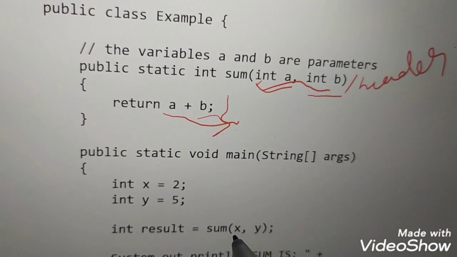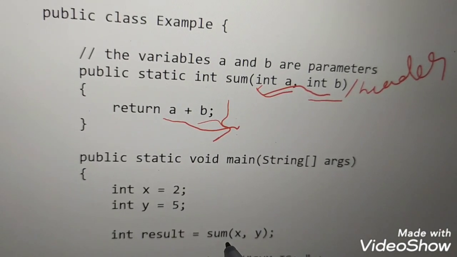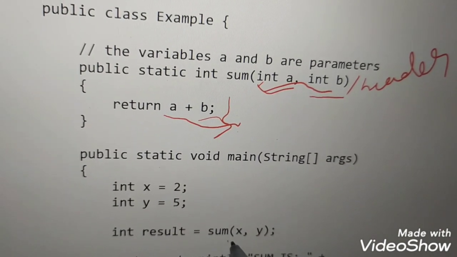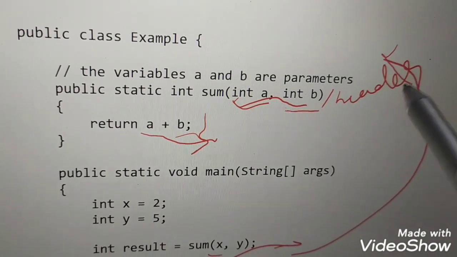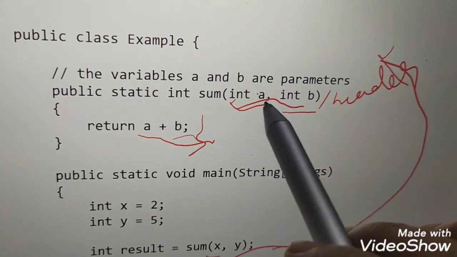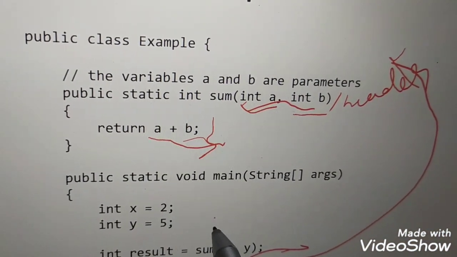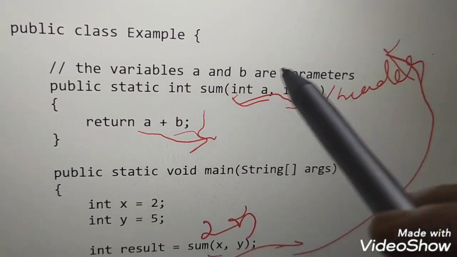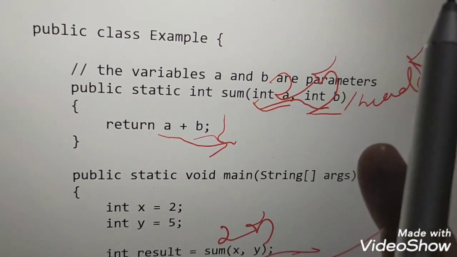The variables or values used in the calling method are known as arguments. When they go to the called method, they are changed to parameters. But the same values, x and y are 2 and 5, and here again it is 2 and 5.